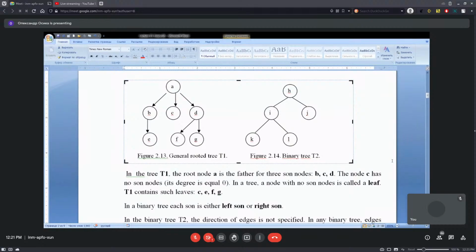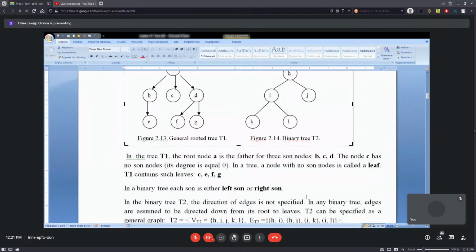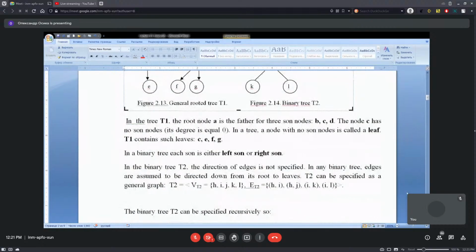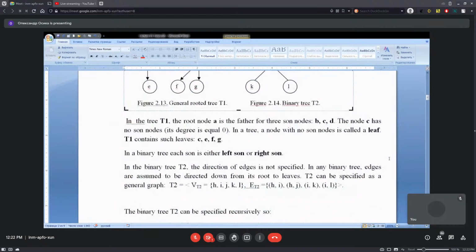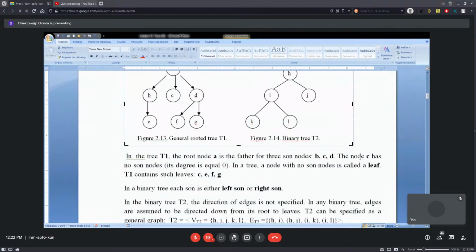So also we said that it is a directed tree, but here we don't see any directions of edges. But in any binary tree, edges are assumed to be directed down from the root.